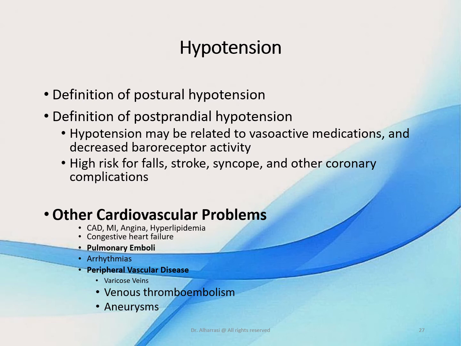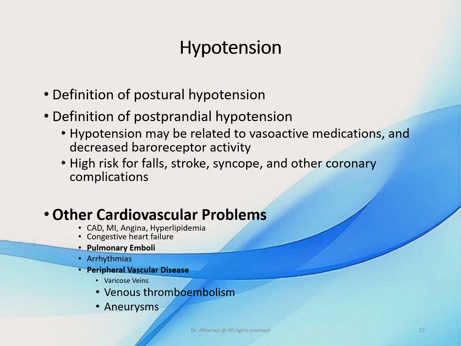This makes them at higher risk for falls, stroke, syncope, and other coronary complications that we need to consider, especially the risk for falls. For example, hypotension may happen when they stand up from the toilet seat. This is one of the famous reasons for falls.